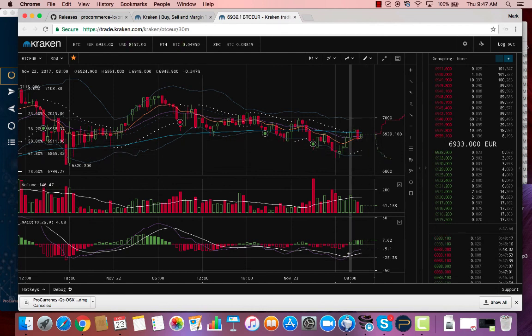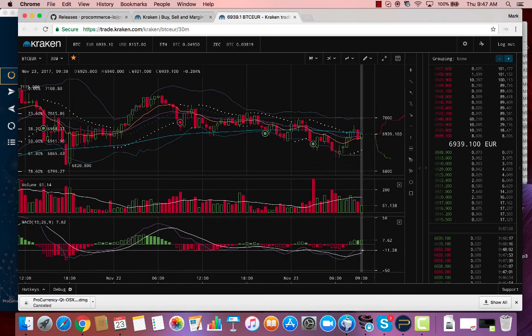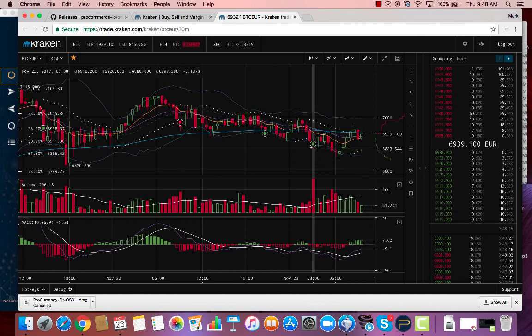My MACD down here is low. It's crossed over, and the alligator mouth is opening up, which indicates a potential upward trend. So we're going to sit this one out and take a look for possible exit points on these two open positions that I have.